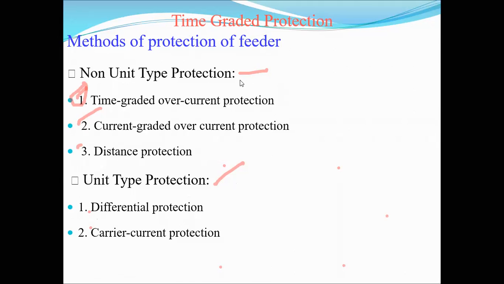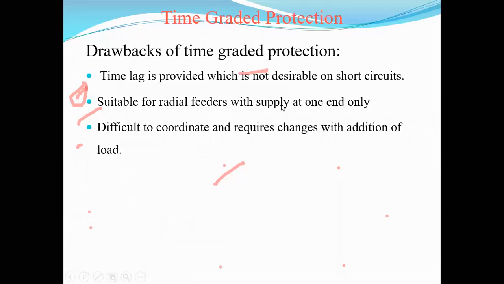Non-unit type of protection is divided into three types: time gradient, current gradient, and distance protection. Unit type protection is also divided into two types: the differential protection and the carrier current differential protection.